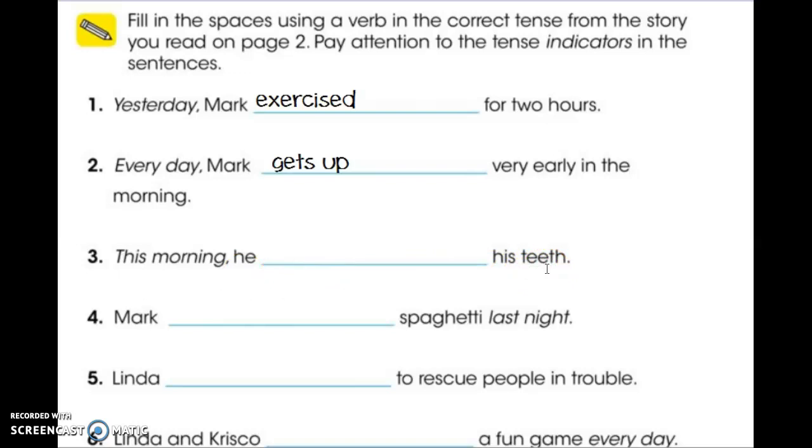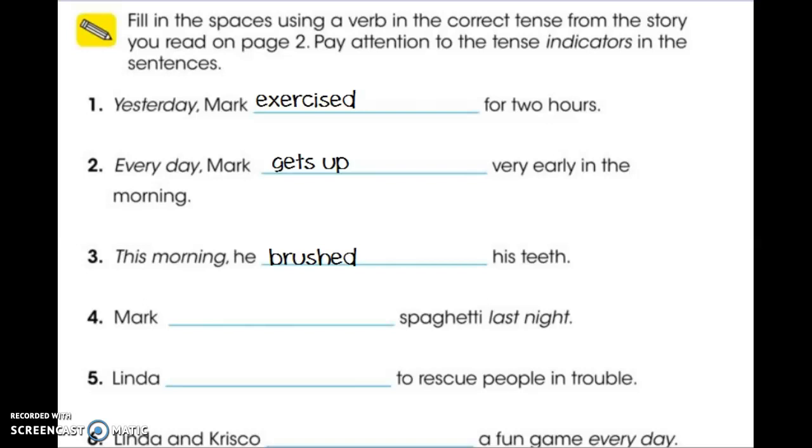In the story, it says that Mark brushes his teeth. Brushes is the present tense of the verb. But right now, this indicator is telling me that I have to write this verb in past tense. So that's right, I'm going to end my verb with ed. And that's my answer. This morning he brushed his teeth.